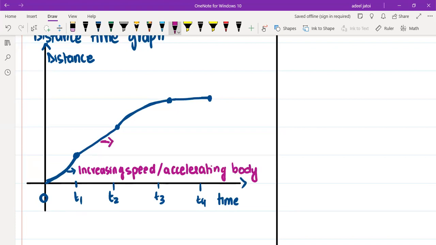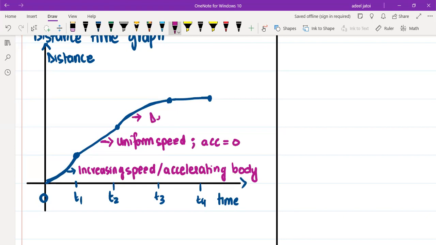In this part, T1 to T2, uniform speed, where acceleration is equal to 0.